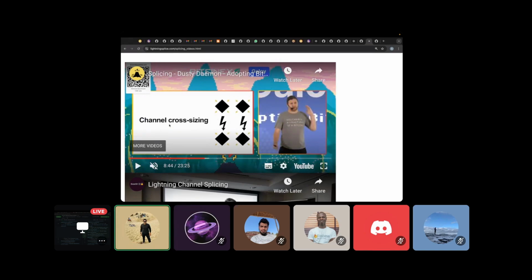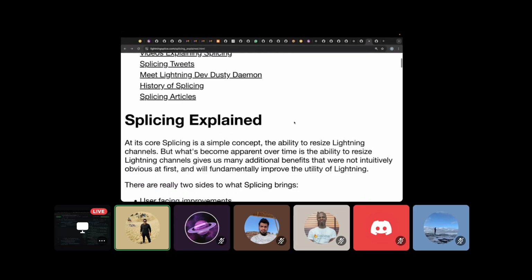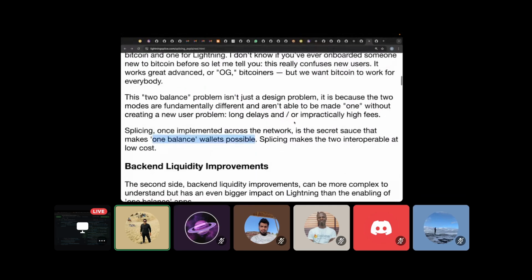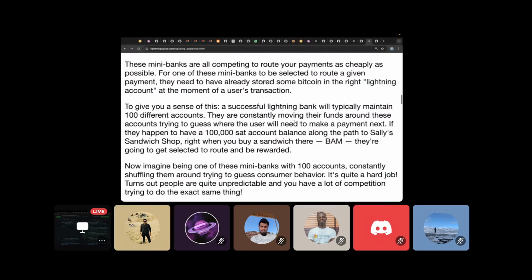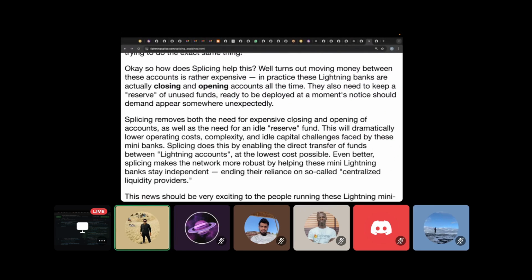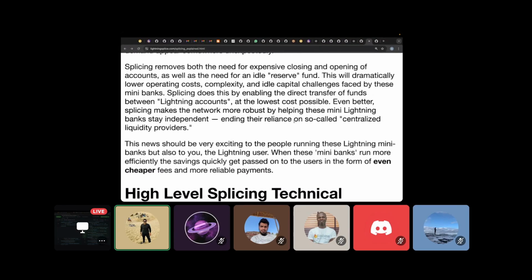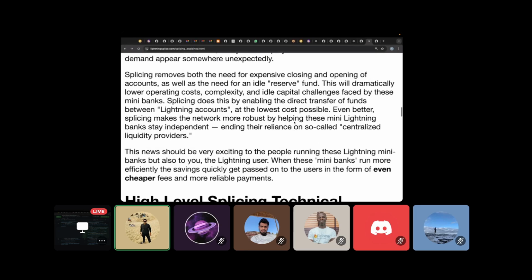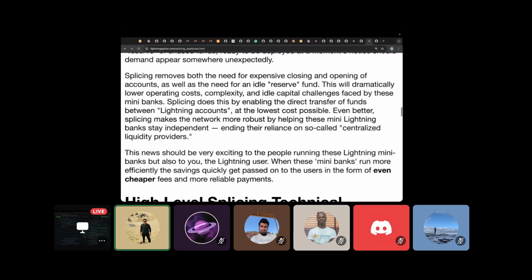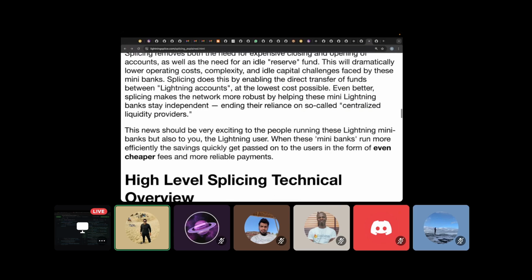All these diagrams help you understand why splicing is very important for the Lightning network and how it would enhance your Lightning experience. At the back end it reduces the operational cost required to run a routing node, which would help routing nodes manage liquidity and earn more routing fees as well.